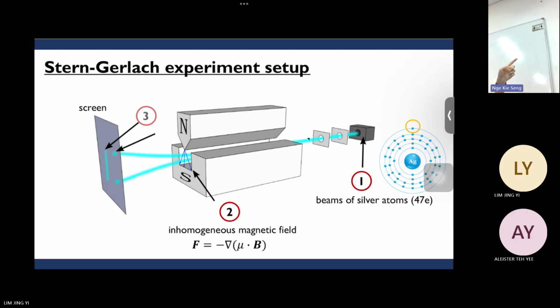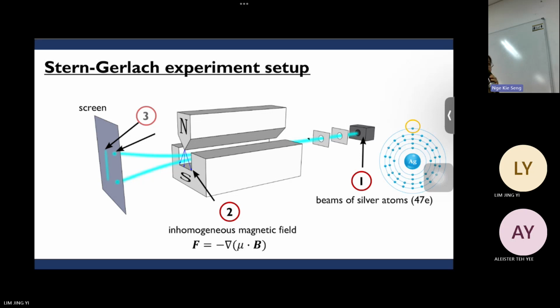So in order to have a non-zero force acting on this magnetic dipole, we need a magnetic field that is non-constant. If B is a constant, then the force acting on the magnetic dipole moment will be zero. But we actually want to determine the behavior of the magnetic dipole moment that is being experienced.